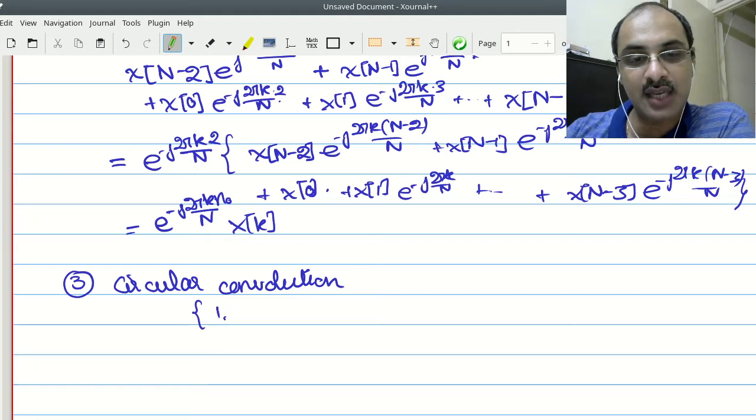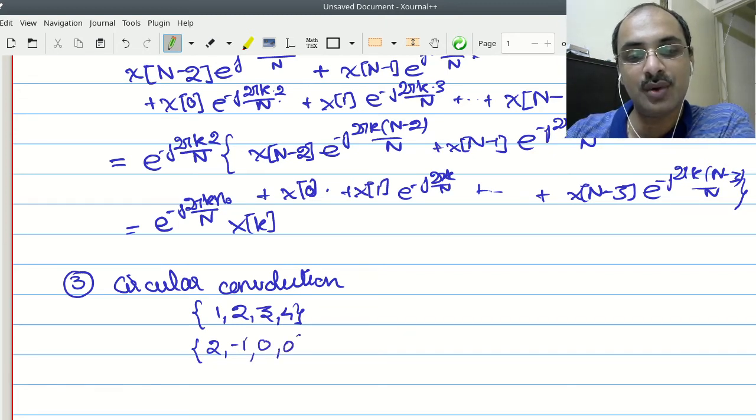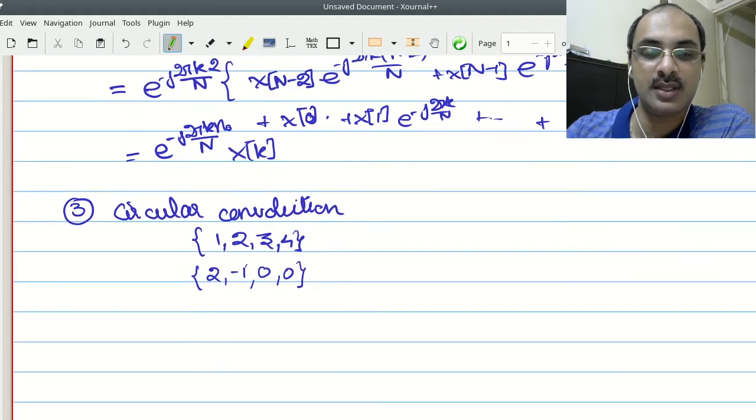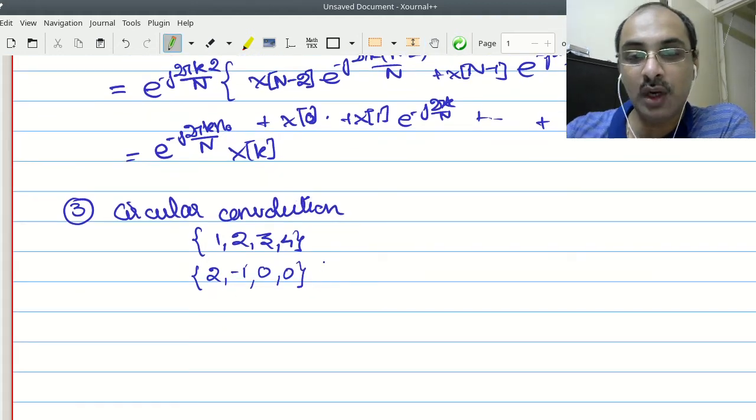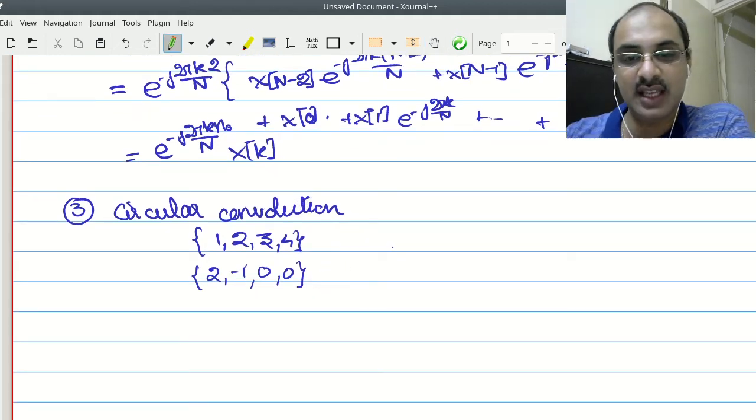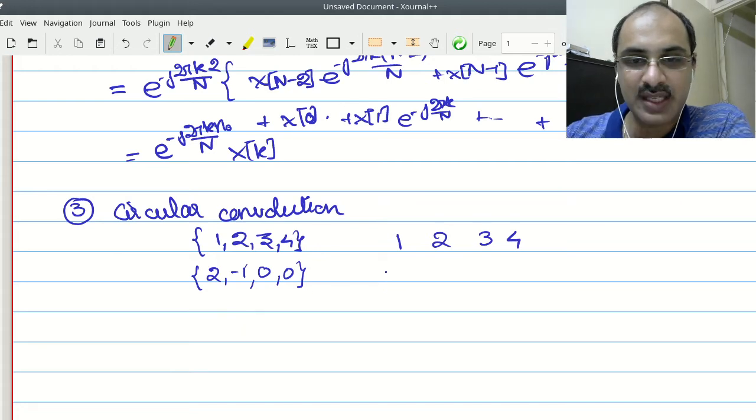So I'm going to take the sequence 1, 2, 3 and 4, and then the sequence 2, minus 1, and because I want to keep the length same, 0, 0. So these are two sequences. If I want to perform the convolution, it is very easy. You can just write 1, 2, 3, 4, and you have to flip the second sequence, so you will write minus 1 and 2.